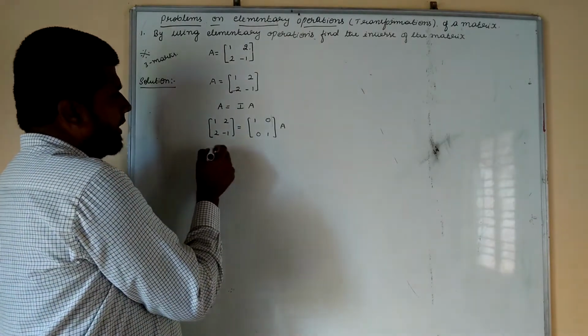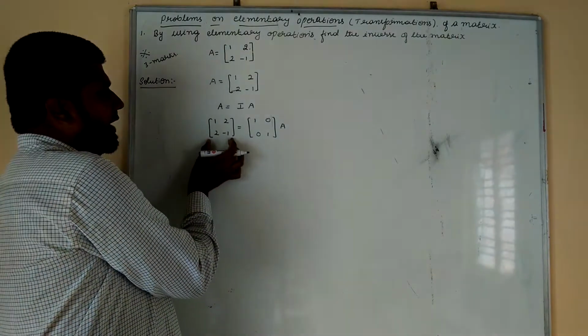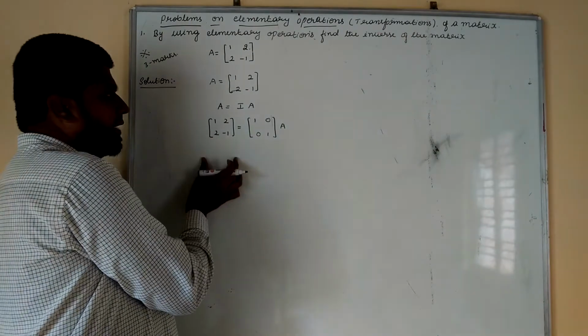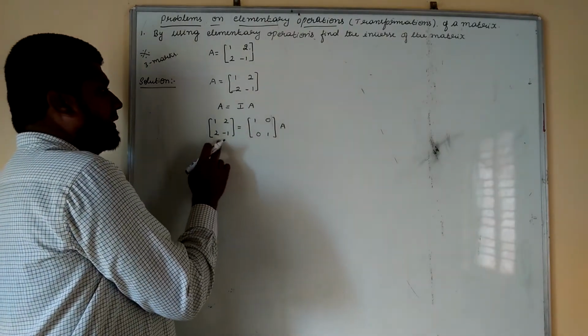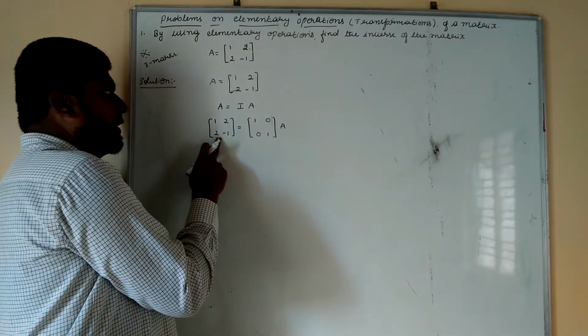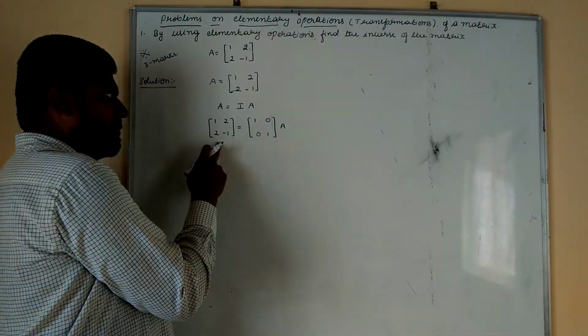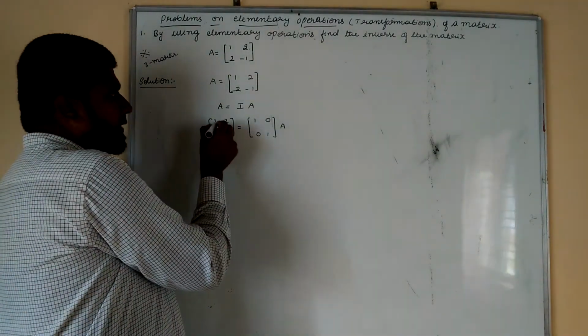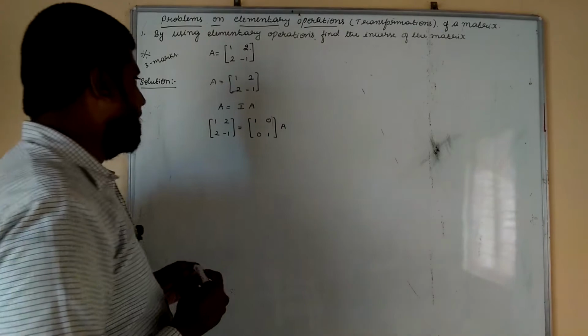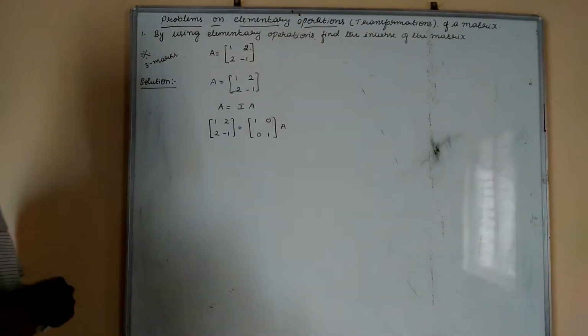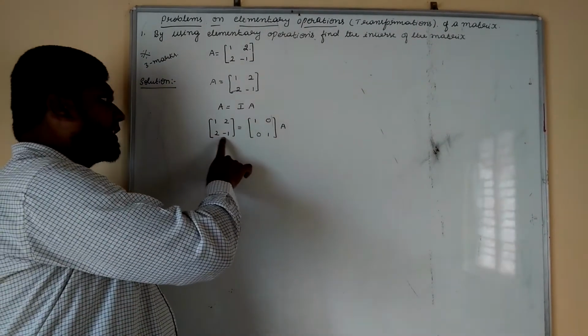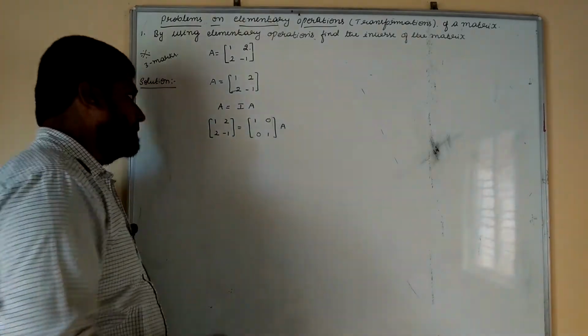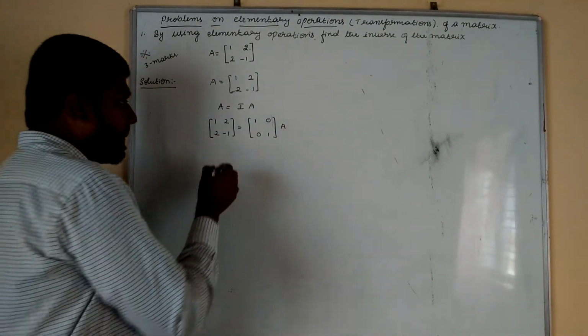So here we should make this matrix an identity matrix. Our aim is to make A an identity matrix. In the first row we have 1 2, in the second row 2 -1, so in the second row it should become 0 and 1. Let us work on the second row.